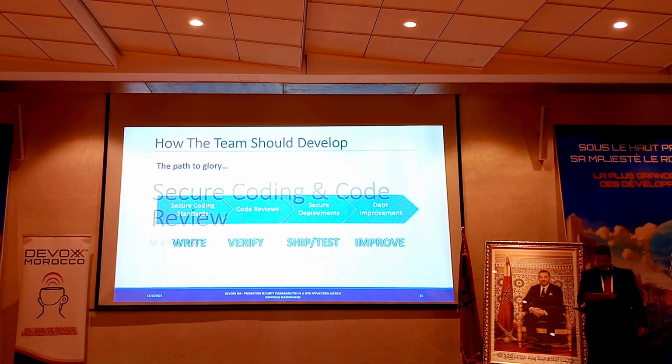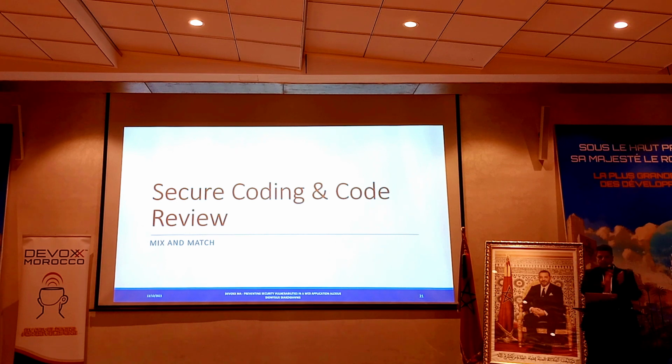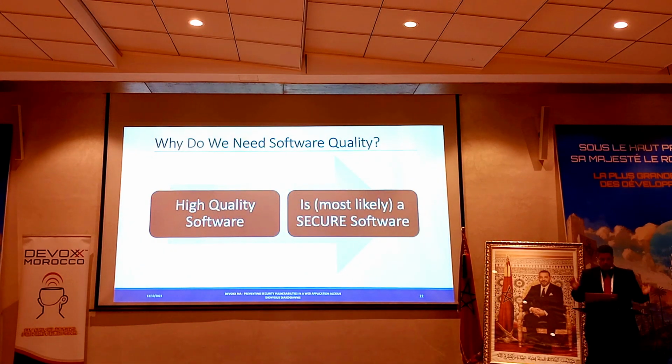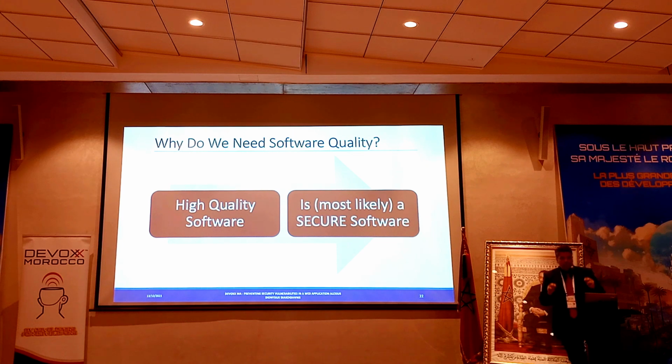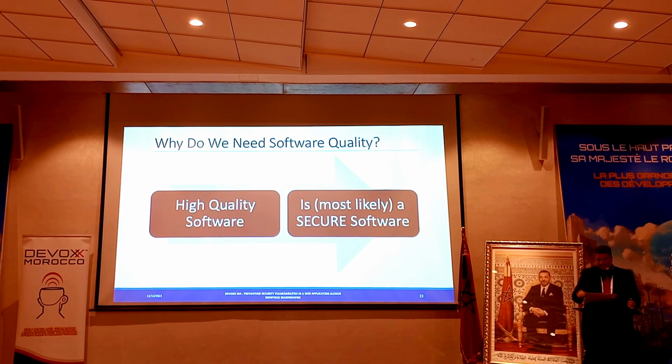So, let's start. Secure coding and code review. Why do we need software quality in order to be able to secure an application? Because high quality software most likely leads to secure software.